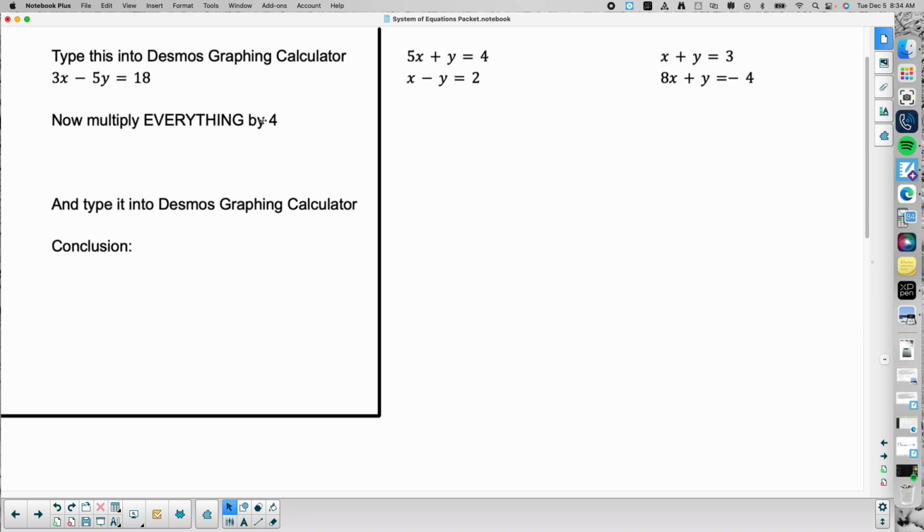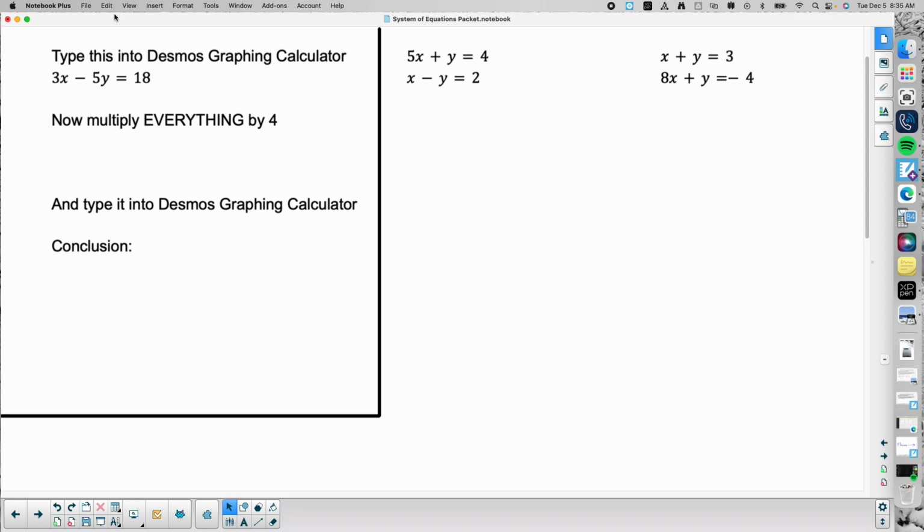So in your packet, in this left-hand corner, I put a box around it so it would be a little bit clearer. This is separate from what's written on the right-hand side. This was in place of problem number 1.